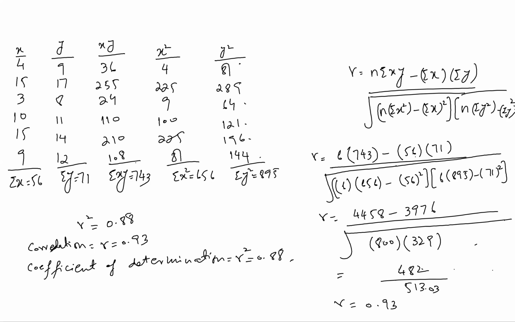From here we can interpret that they are strongly correlated with each other. R is positive and very high, so they are almost perfectly correlated. Both are increasing, and 88% of the change in Y is because of X. This is 0.88, which is 88%. And now we can calculate the standard error of estimate.